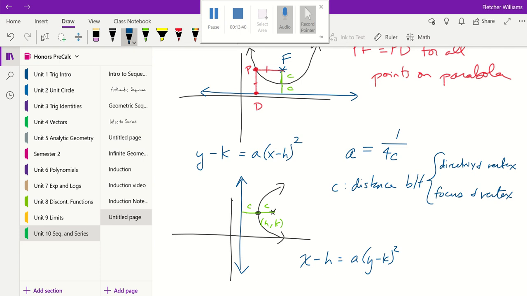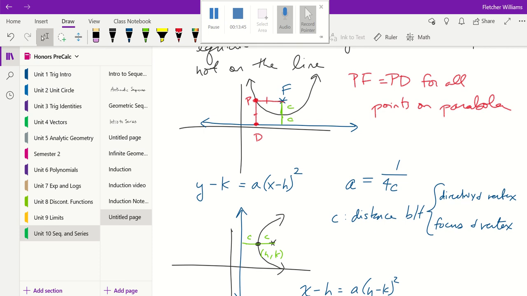Okay. And just be careful, remember that this A, this constant out front, if the A here is positive, it means the parabola opens up. If it's negative, down. And if it opens up, then the A is positive and the C is positive. So remember, these have to be the same sign.